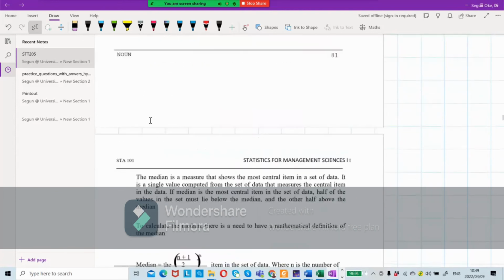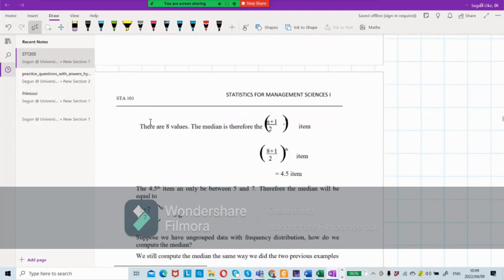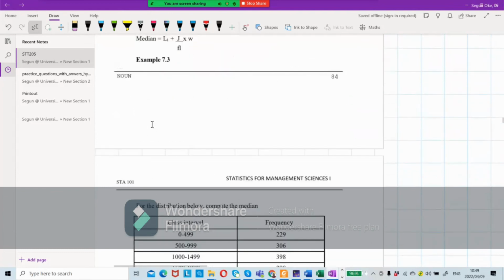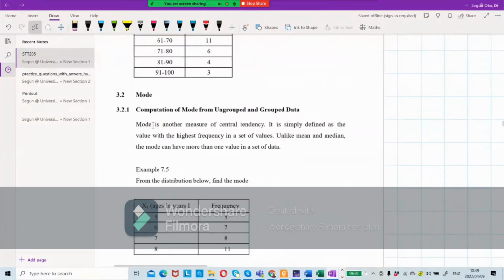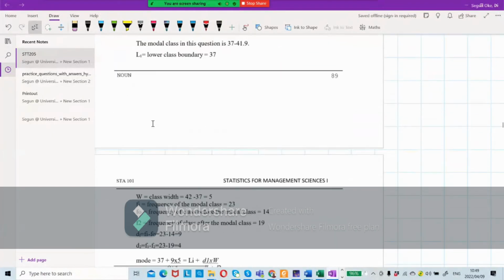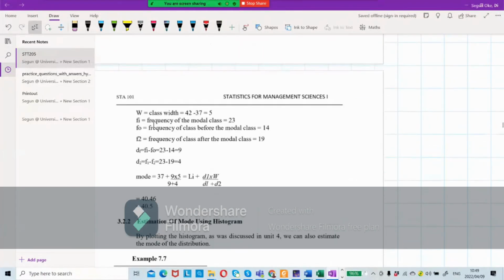So the mode is the most appeared number. But in grouped data it is quite different. The way we calculate it is different. Let me show you the formula that we normally use.